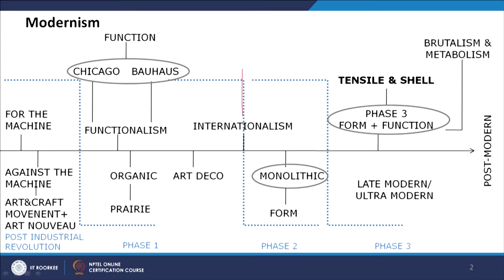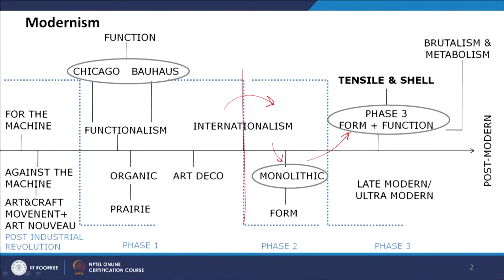We have discussed up to the internationalist style, and from there we discussed the monolithic style, where form was again coming into emphasis. Then there was a movement where tensile and shell structures were the majority, where form and function together were taken into consideration, and form was really very important.